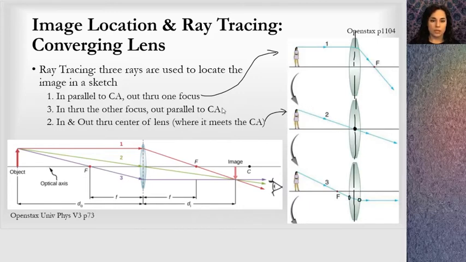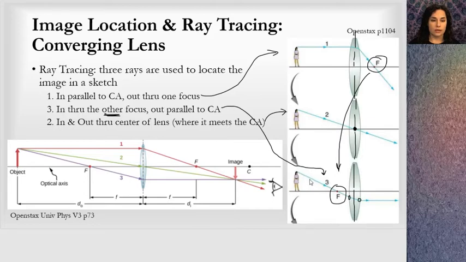The last one here, the third one, which is the second one compared to the mirrors, is that the light goes in as if it were going through the focus. We line up the light with the focus, and notice that this is the other focus. If you used one focus for the parallel light, you're going to use the other focus for this last ray.